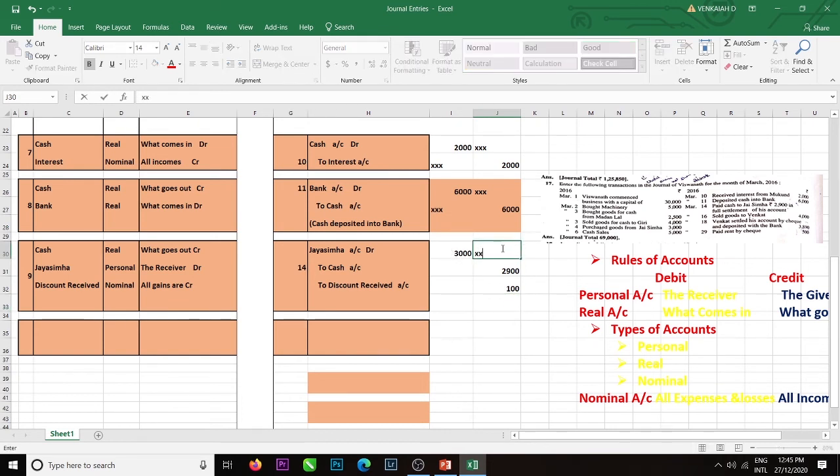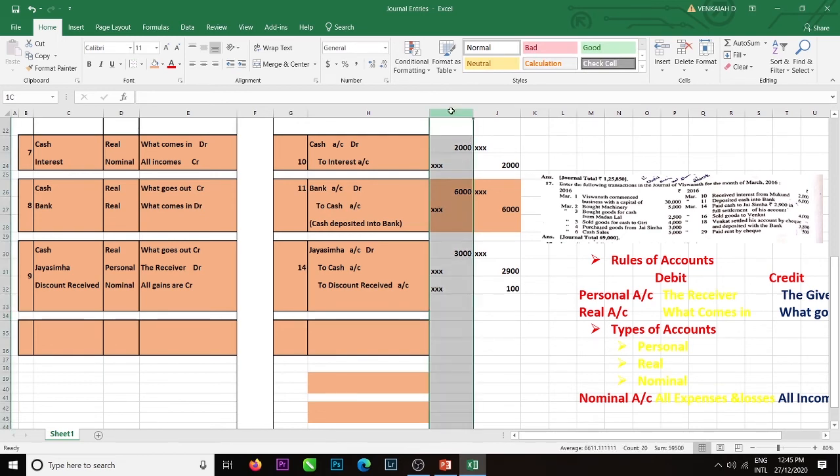That is the magic of the double entry system. Whenever you total debit items, it is equal to credit items.